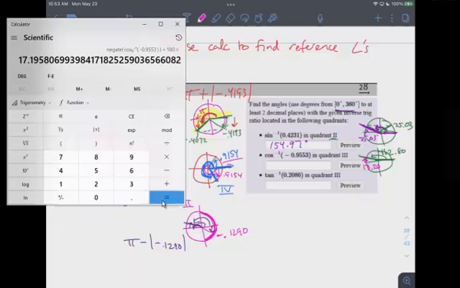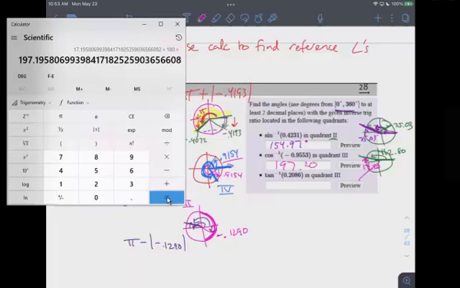If I want to find the angle that has this exact same cosine, which is an x-coordinate, I need to go 17.2 degrees past that 180. So I take this measure and add it back to 180, and that gives me the total value of my angle, approximately 197.20.